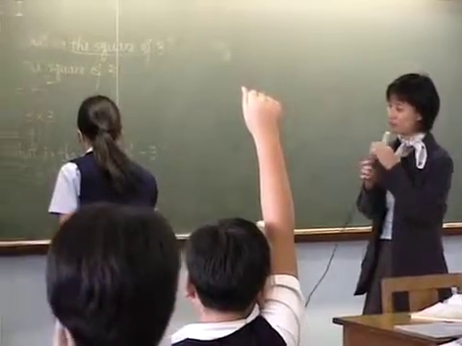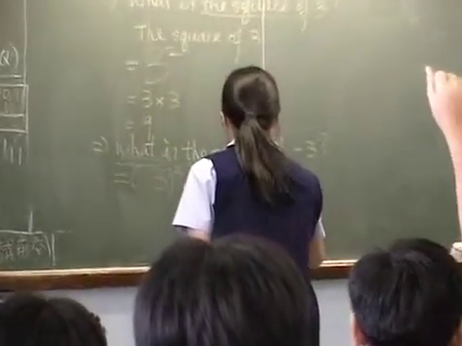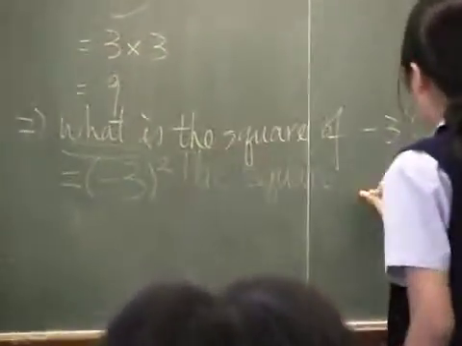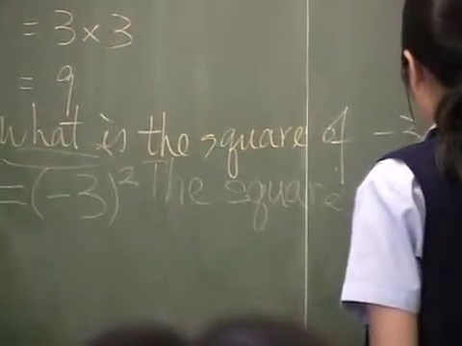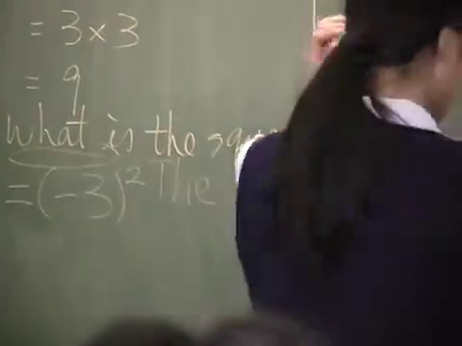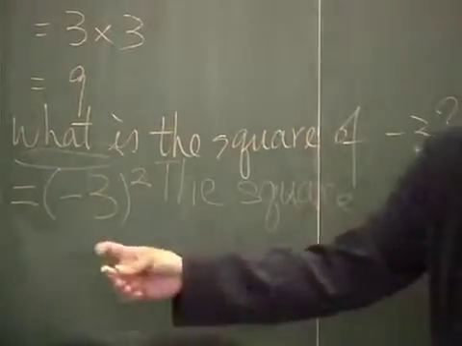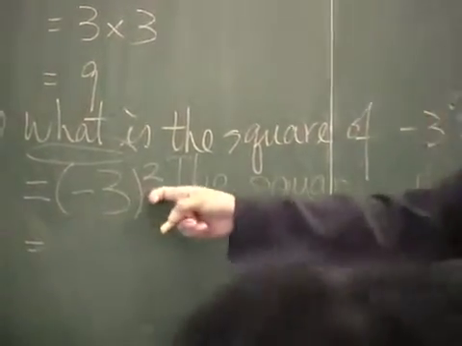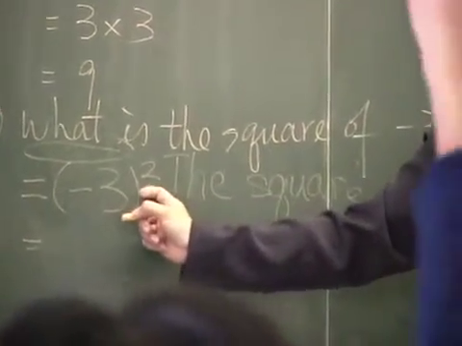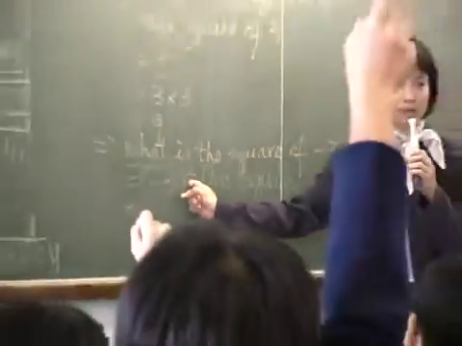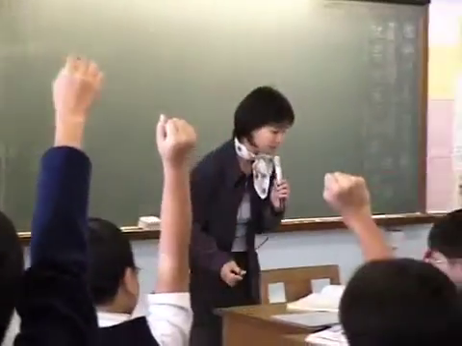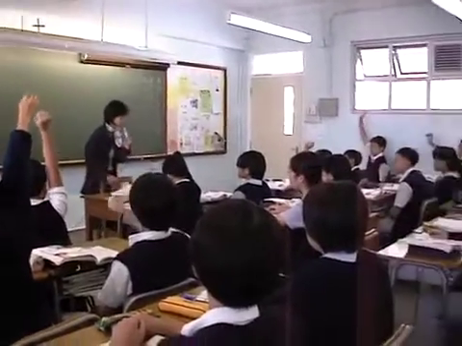The square of -3. So the square of -3 you can write like this, and then square means, what's the meaning of square? So the answer, next step, what do you write? Moyan?